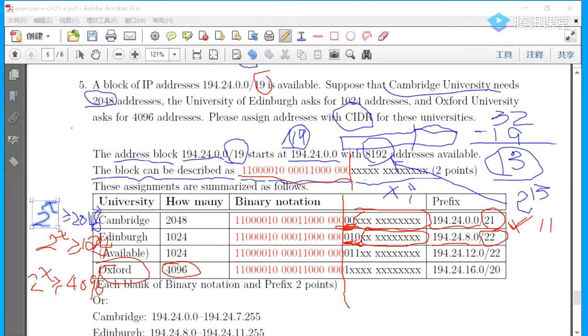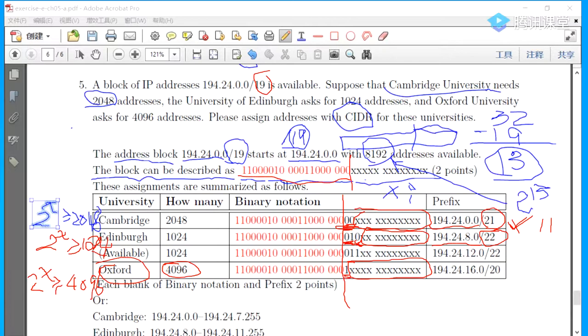So x equals 12. X can be set with 12. That means 12 can be 8 plus 4. So the length of the host portion for Oxford is 12 bits. Then the remaining one bit here.